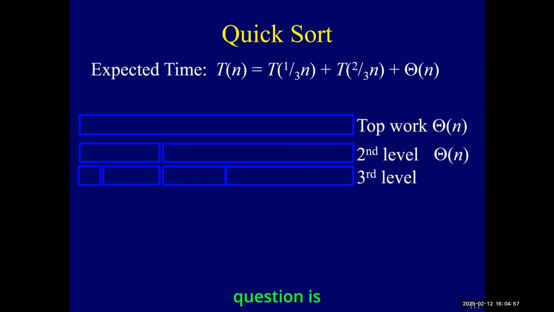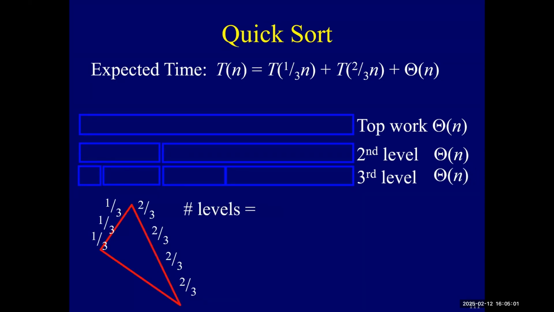So the question is, how many levels do you need? It's not uniform, because the side where you're going a third, third, third is going to stop sooner. But even the side that goes two thirds, the number of levels is still going to be order log n.